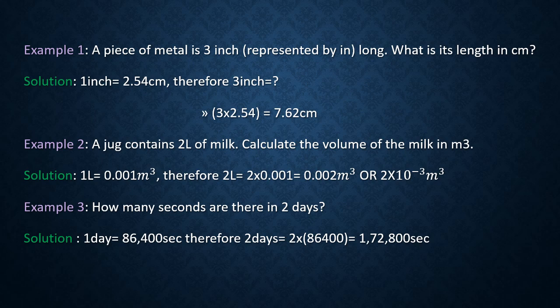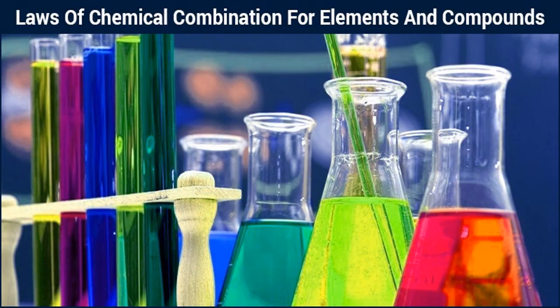Now this is the most important part of the 11th class. This is regarding the what? Laws of chemical combination for elements and the compounds. See, we have seen in the 9th class, nature is complex. Nature is variety in the form of color, in the form of texture, in the form of touch, in the form of property.